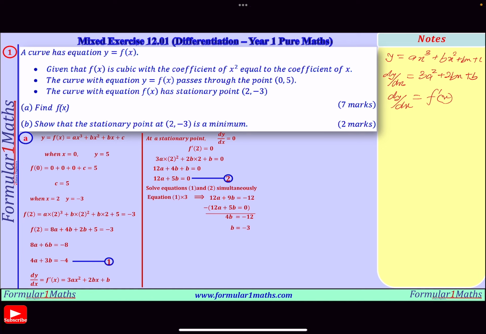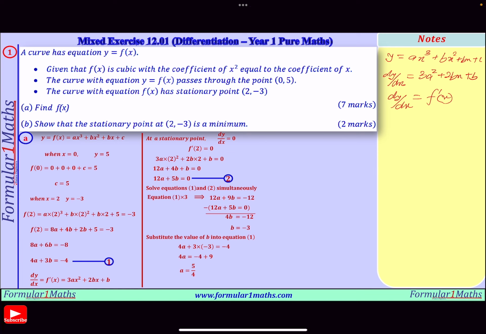Having got b, we can substitute this value into equation 1 to get the value of a. We get 4a plus 3 times -3 equals -4. Simplify and rearrange to get 4a is equal to -4 plus 9, and a is equal to 5 over 4.